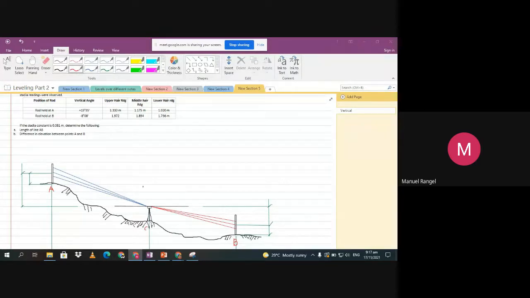Then at point B, we have an angle of negative 8.08 because it is downward. The angle for the middle reading is 8 degrees and 08 minutes. Then the other one earlier, for the middle reading, the horizontal line is positive 15.35 because it is upward.